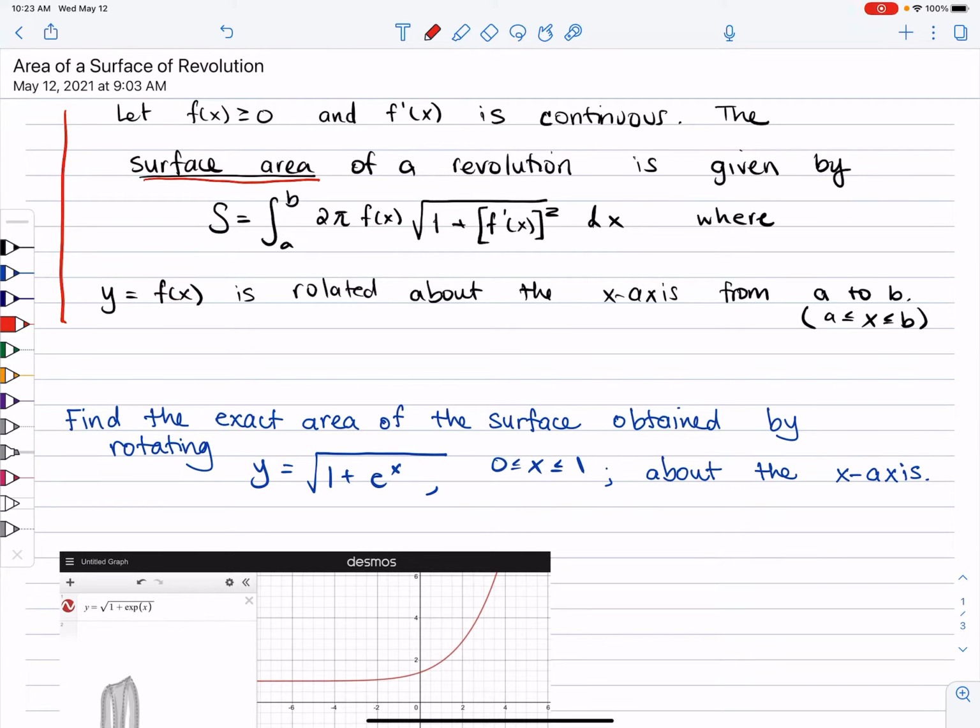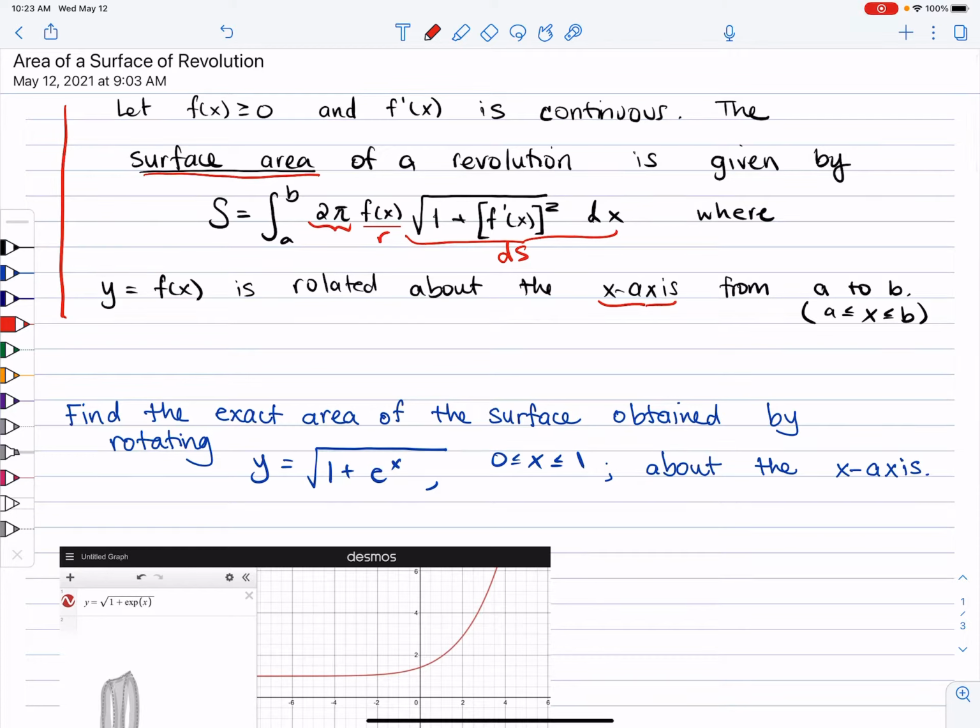And you can think about the formula as being 2 pi r times ds, where f of x is rotated about the x-axis.